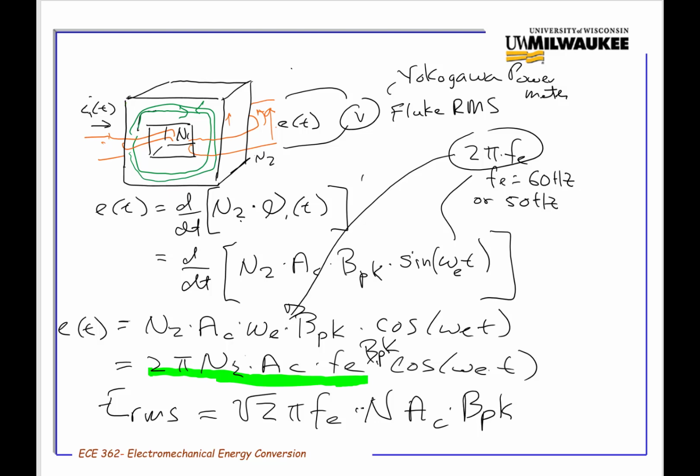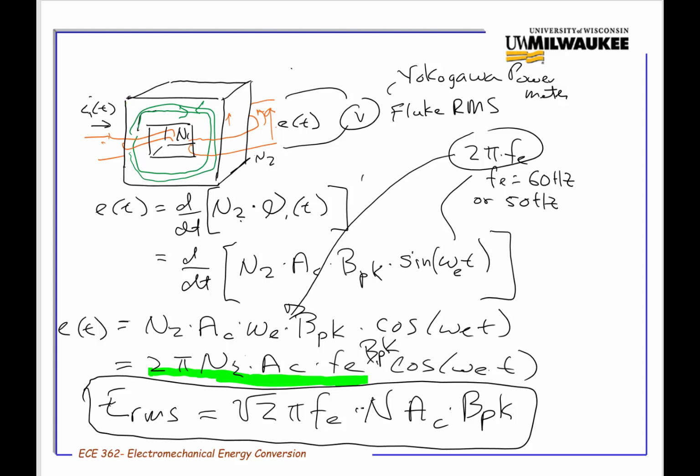Now I'm going to tell you this expression here that I'm going to put a big box around, because this means it's important. When you take your tests, you want to have this in your notes. This is probably one of the most important equations of this whole class. I had this on a little sticky note up above my desk since I started my career in 1990 as an engineer, and it's probably still there.